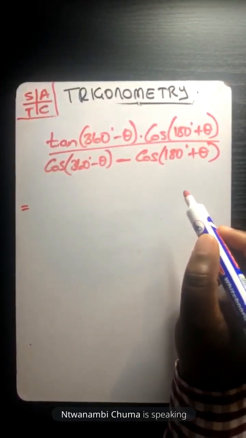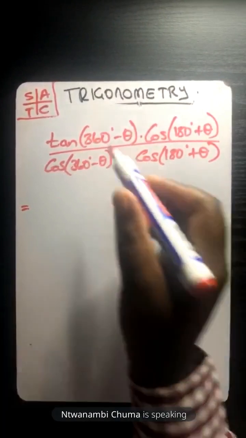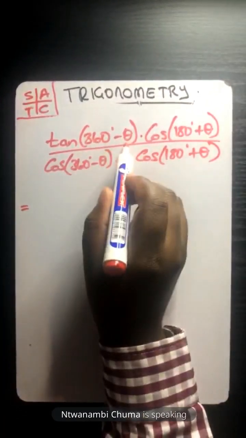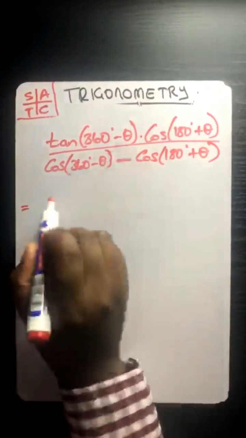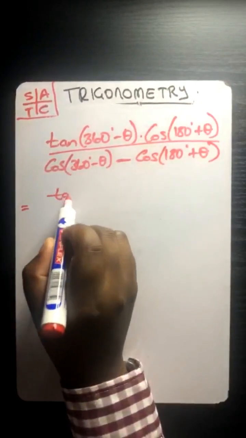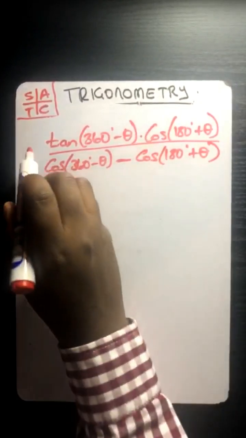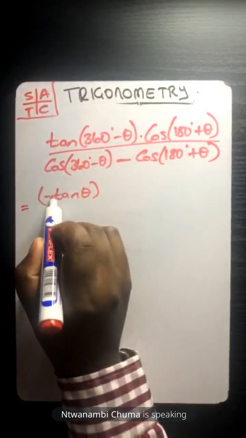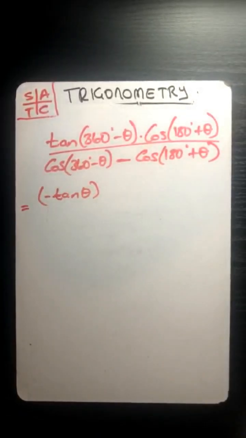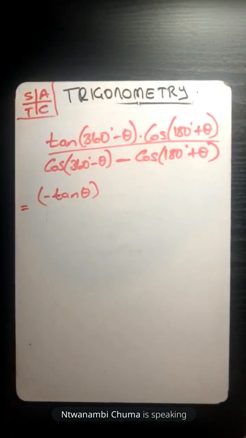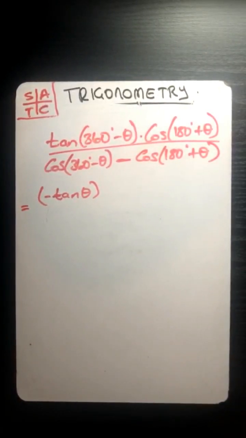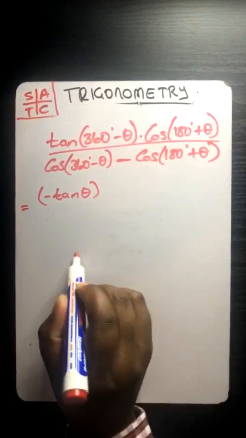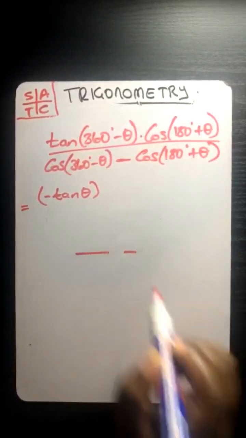Tan 360 minus theta, it's minus the tan theta. And cos 180 plus theta. I was about to say, mathematically, we have a minus and a negative.